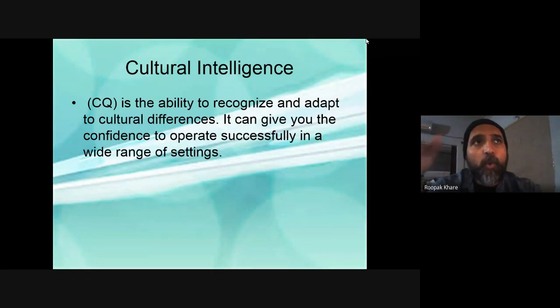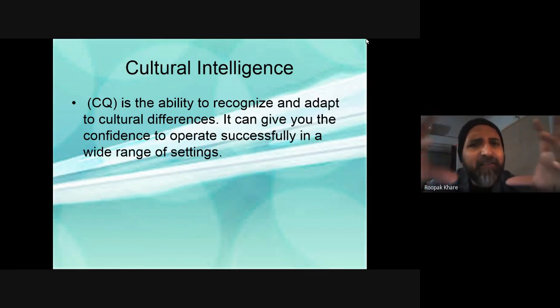So a person with good CQ, or cultural intelligence quotient, would be able to accept people's differences easily and respect those differences and adapt to a certain extent to those differences, and invite and make others adopt some things.